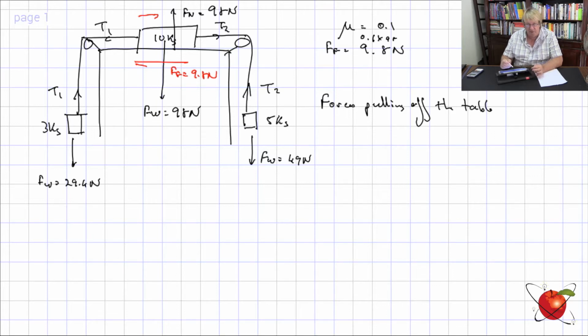What's the force pulling me off the table? It's 49 newtons, isn't it? So this one here is 49 newtons. Now let's have a look at what's the opposite direction. Forces holding us on the table, right? Well, there's friction, isn't it?